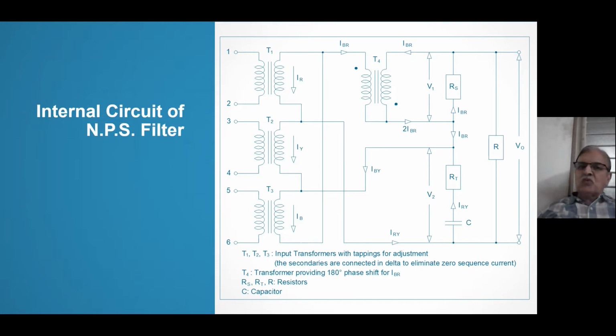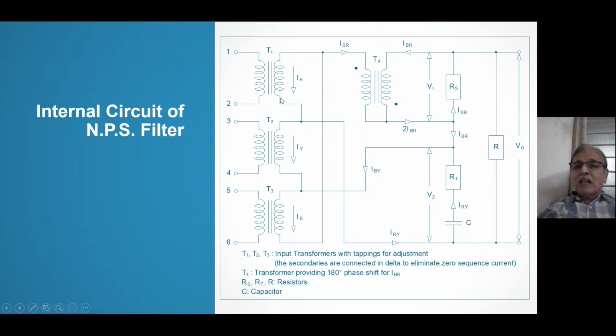They are stepping down to milliamperes, because the relay cannot take amperes. Therefore 1 ampere or 5 ampere is stepped down to the tune of 25 milliamperes. So the signals proportional to IR, IY and IB are available in the secondary of T1, T2 and T3. You can see very easily IR, IY and IB.